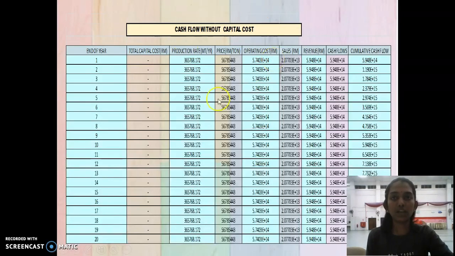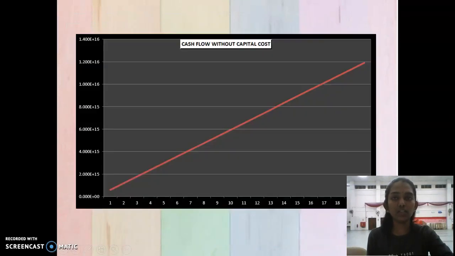So this would be our cash flow without capital cost, which means there is no investment, and we will just start with the sales of the ethylene, and the cumulative cash flow for 20 years will be 1.19 to the power of 16 ringgit Malaysia, and this would be the graph for the cash flow without capital cost, where the graph increases according to the year.